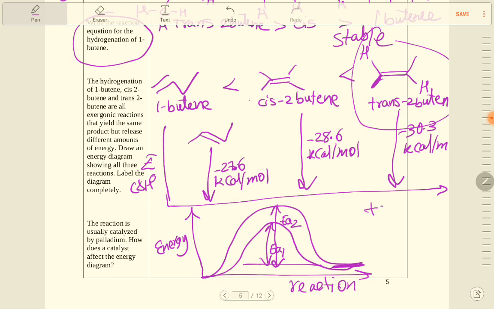Trans is stable, with a lower heat of hydrogenation.